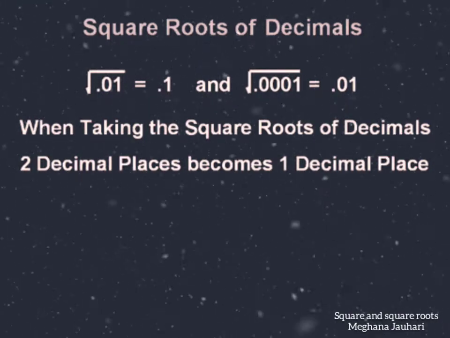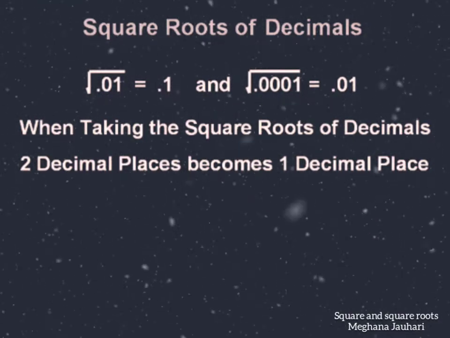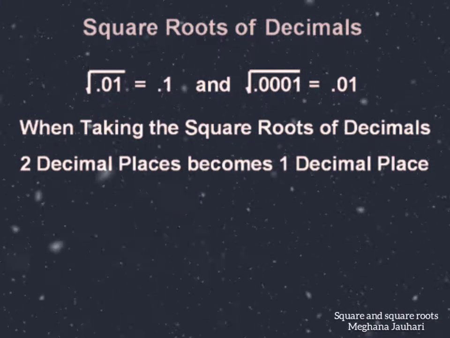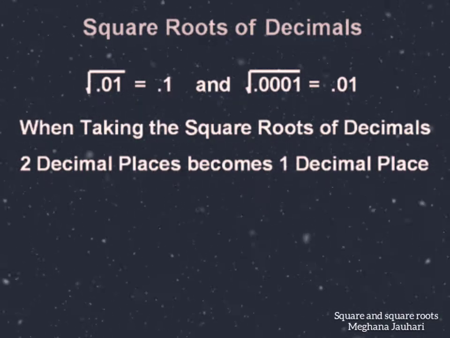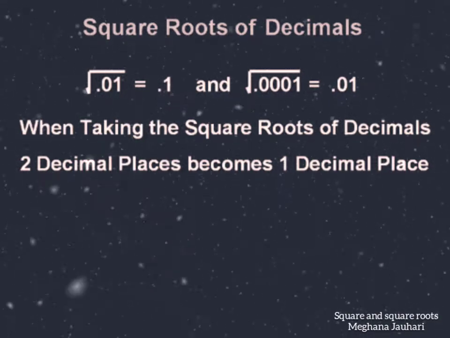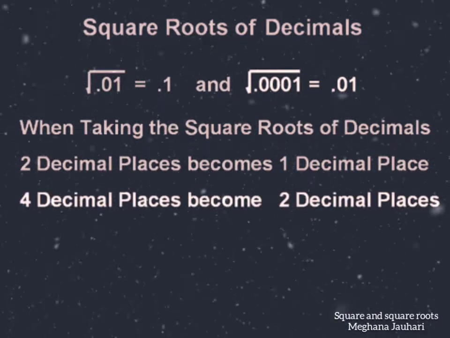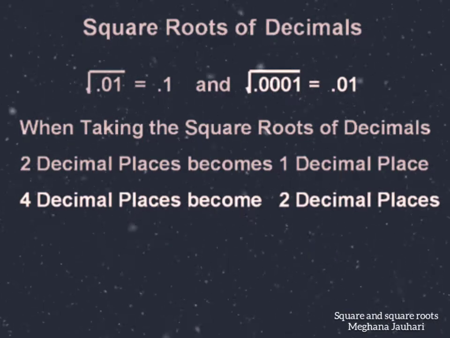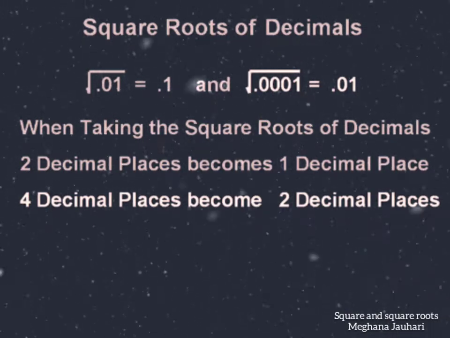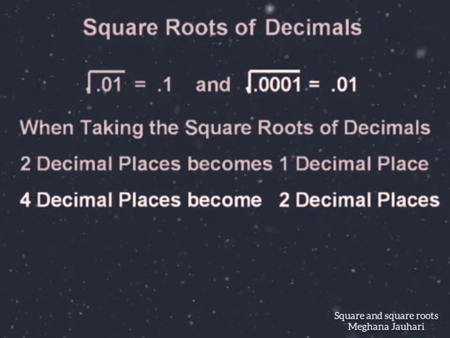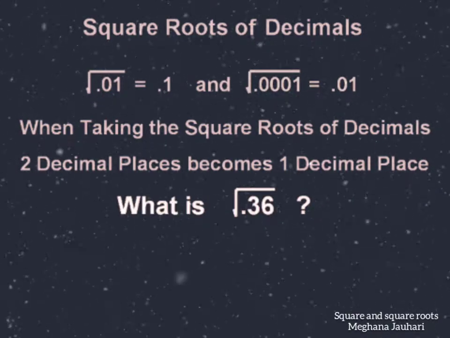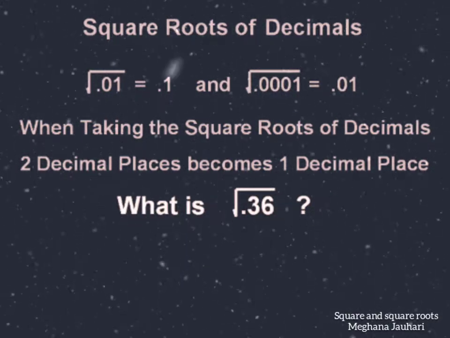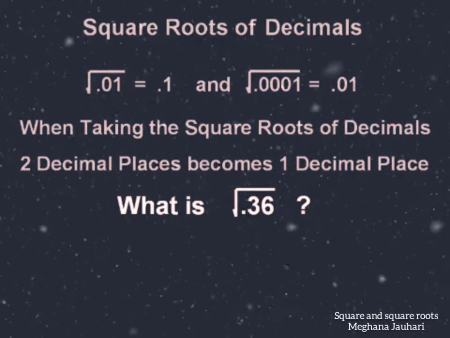When taking the square roots of decimals, 2 decimal places become 1 decimal place. This is a very important point to note down. And if we have 4 decimal places, then it will become 2 decimal places. You can see the square root of 0.0001, having 4 decimal places, became 0.01, which has 2 decimal places.